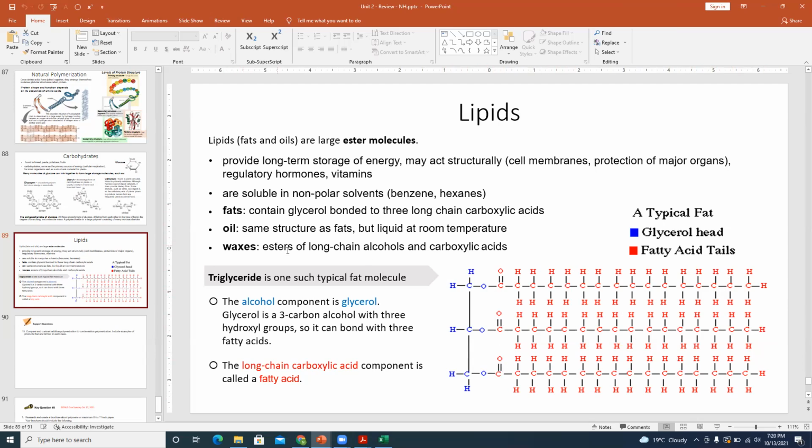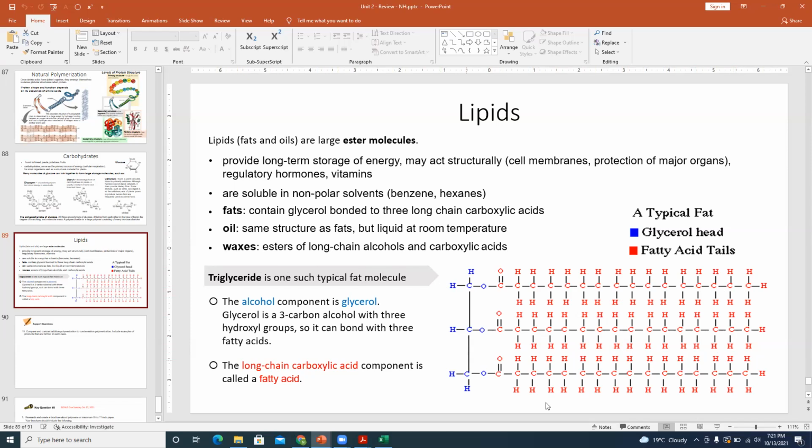And oils have the same structure as fats, but they're liquid at room temperature. That just has to do with whether these fatty acid tails are saturated or unsaturated, and the number of single or double bonds that they have. And finally, waxes. Waxes are esters of long chain alcohols and carboxylic acids.